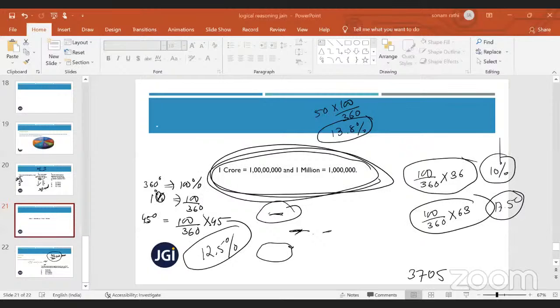So this is how you will solve a pie chart. Now what is left over? I told you we will do line chart also today, correct? So pie chart is done. Now you can easily do pie chart. In pie chart, the important point is from degree to percentage, percentage to degree.